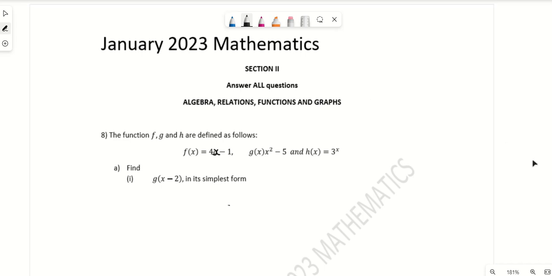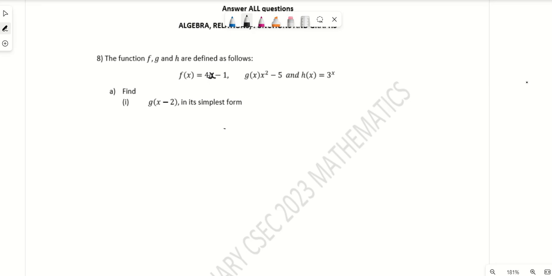So if we were to compare g of x and g of x minus 2, if we were to compare the brackets, it is safe to say in our function for g, x is equal to x minus 2. So that means in our g of x equation, which is x squared minus 5, wherever we see x, we're going to put x minus 2.